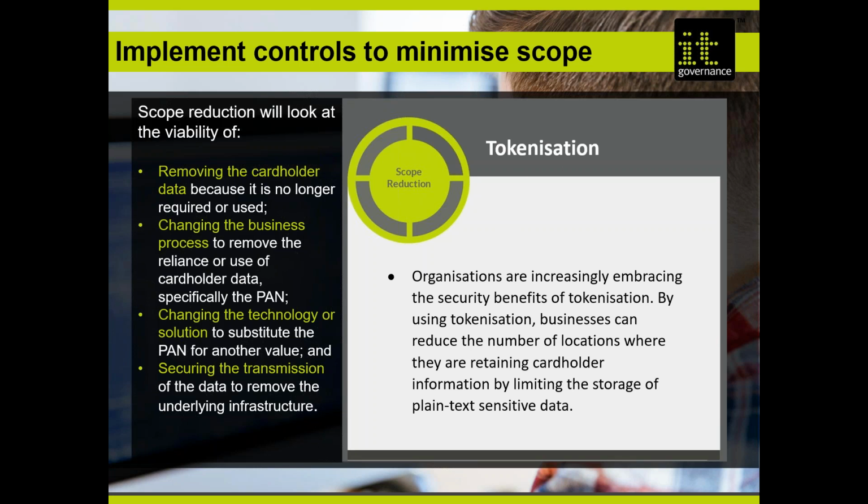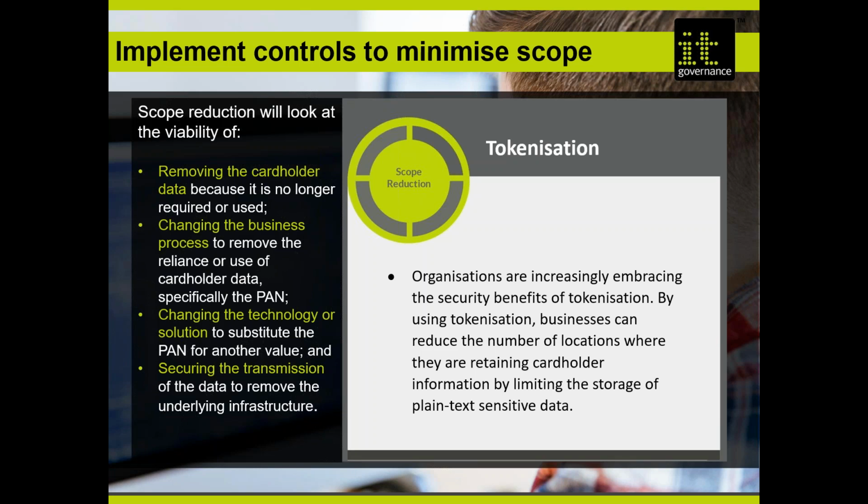Another method of reducing scope is to replace the cardholder data with a token. Organizations are increasingly embracing the security benefits of tokenization, and by using tokenization you can reduce the number of locations where they're retaining cardholder data by limiting the storage of plain text sensitive data, because the token isn't cardholder data, it's an encrypted format or a completely random token that doesn't represent cardholder data in itself.